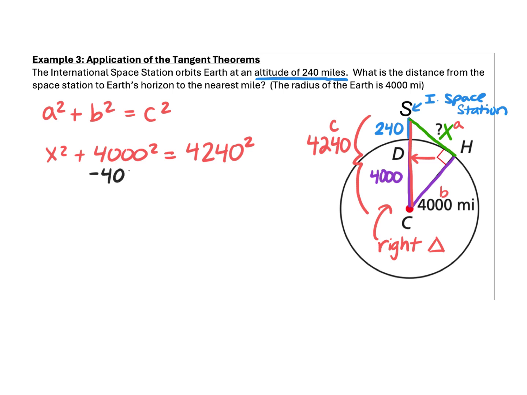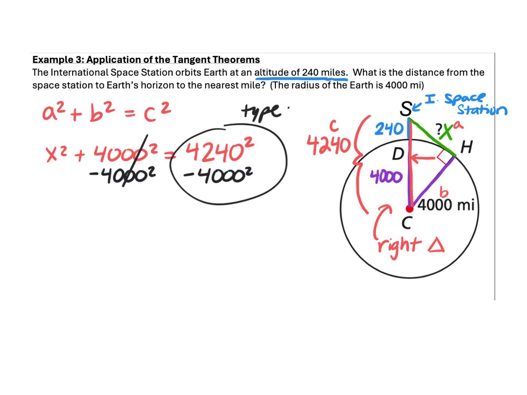So if you just subtract the 4,000 squared on each side, you can then type this expression into your calculator using the square button. And when you do that, you'll get x squared equals 1,977,600. Now to get the x, we just need to square root that value.